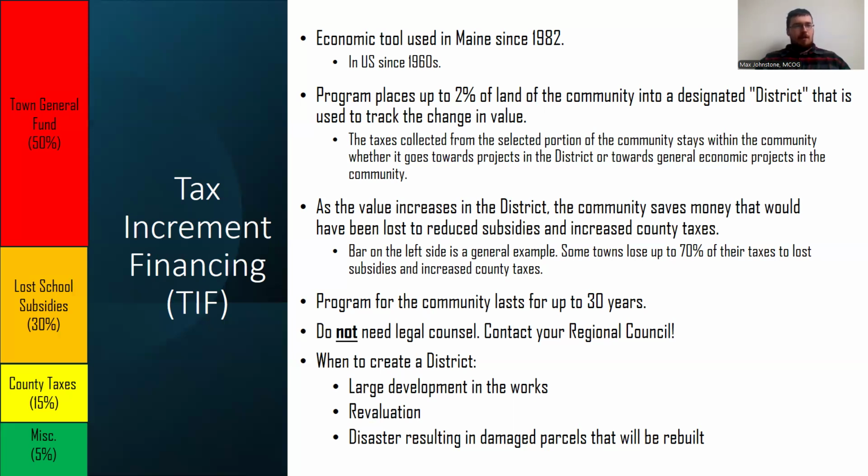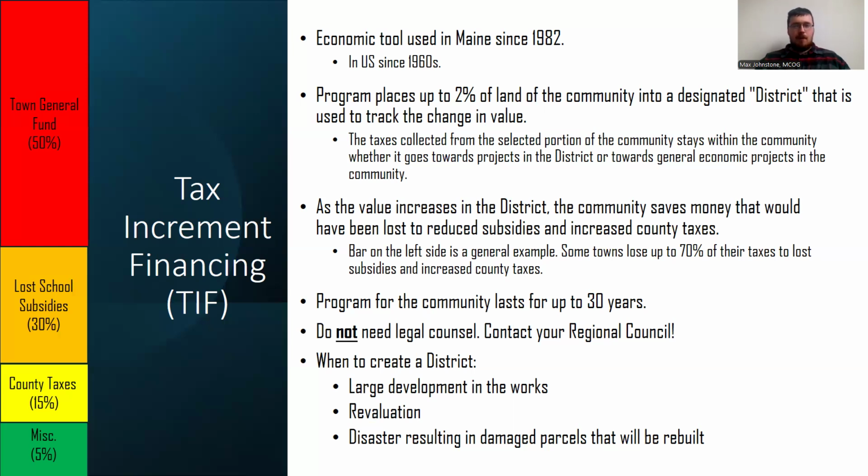About 50% goes to the general fund, and then the town will lose about 30% of it because there's a reduction in school subsidies that you get from the state. So you have to use that tax revenue to make it up. Same thing with county taxes. The value in the community has gone up, so now the county is going to tax that town a little bit more for its county taxes. And then municipal revenue sharing. The town will lose a little bit more in the municipal revenue sharing, which is made up from that tax revenue you just got.